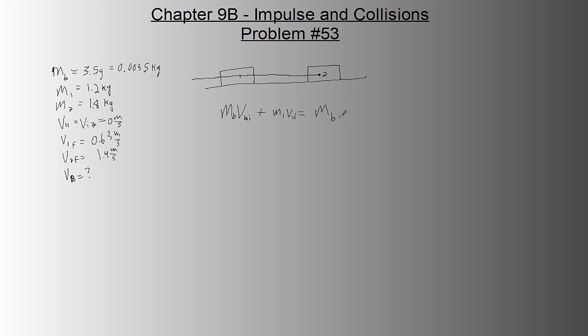Equals mass of bullet times velocity of the bullet in the middle here, after it exits block 1 but hasn't hit block 2 yet, in the middle of the two blocks, we'll say VBM, plus mass of block 1 times velocity 1 final, velocity of block 1.